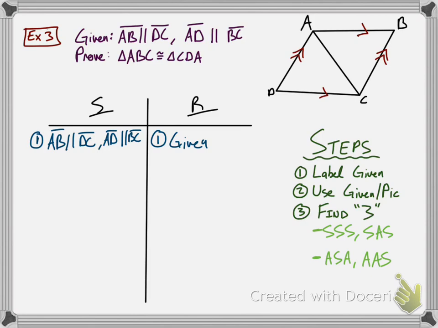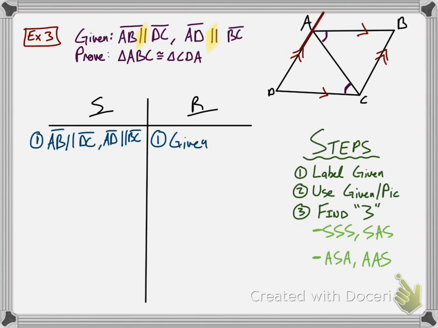So I'm going to start with the parallel on this example. So what we have is a pair of parallel sides with a transversal. And we could say that through alternate interior angles, angle BAC and DCA are congruent.